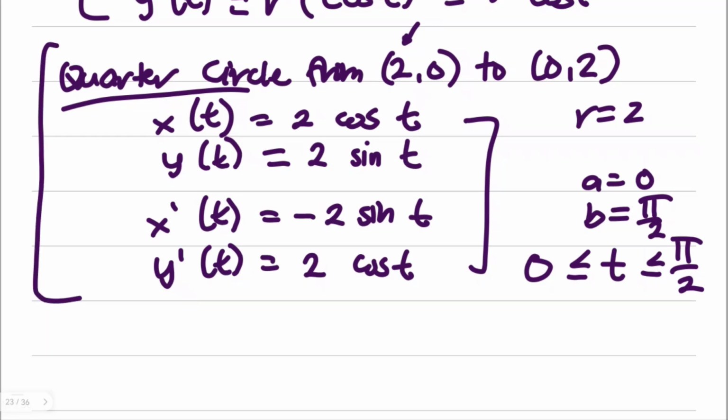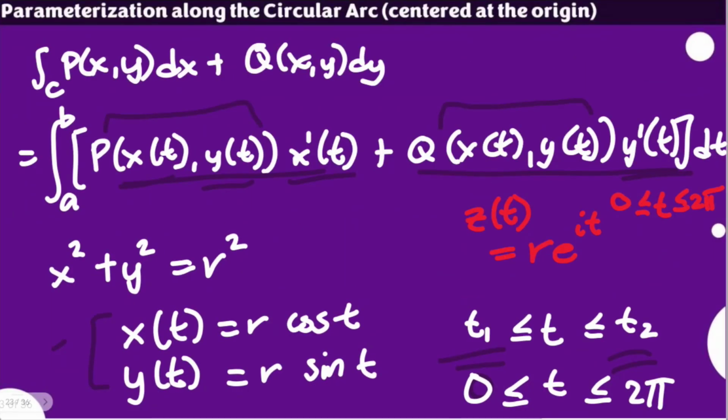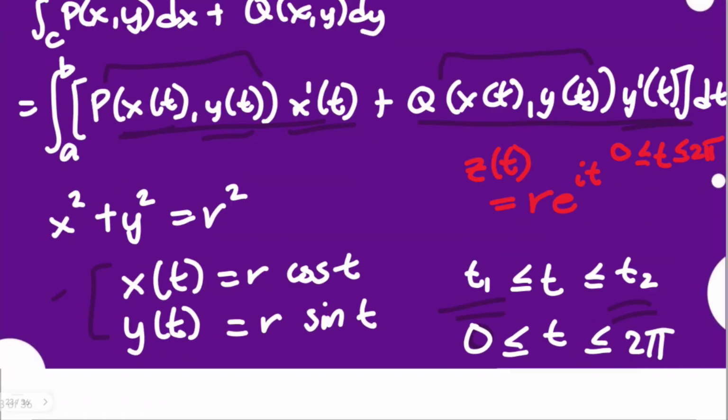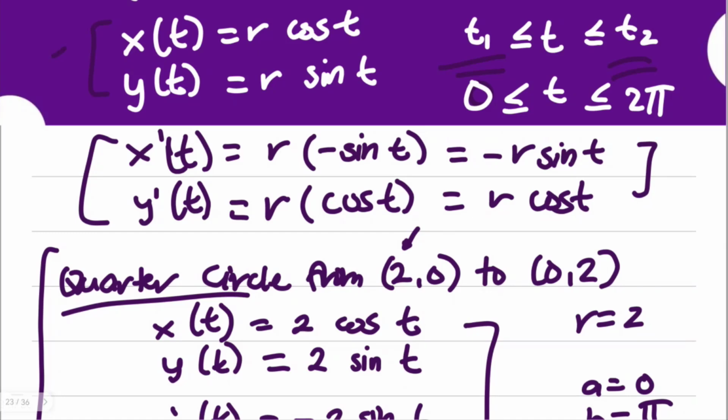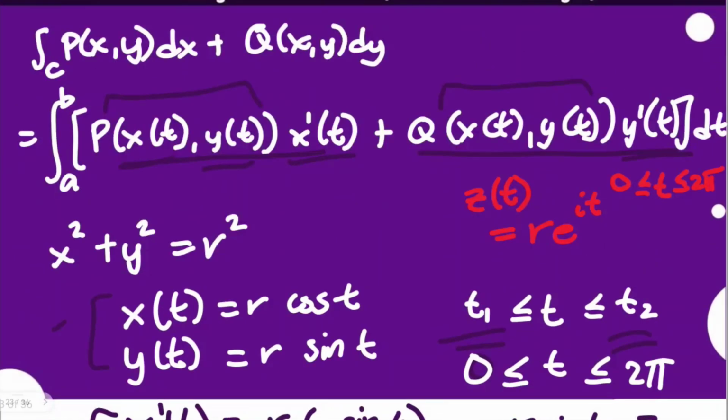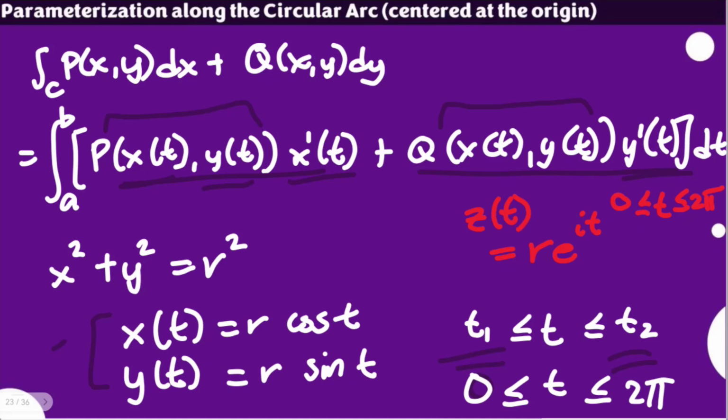But of course, we don't know yet what functions p and q are, so let's leave them as they are. If you have functions specifically stated for p and q, probably in the next videos we are going to compute the real integral using this process, as long as we have guaranteed that the path is a circular one centered at the origin. Thank you very much for watching.